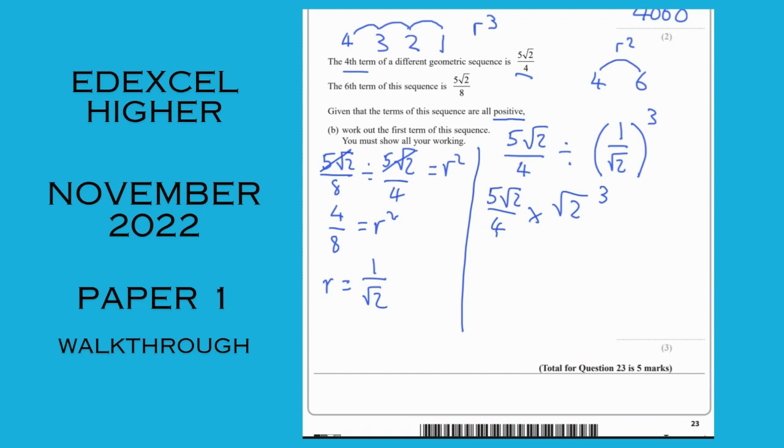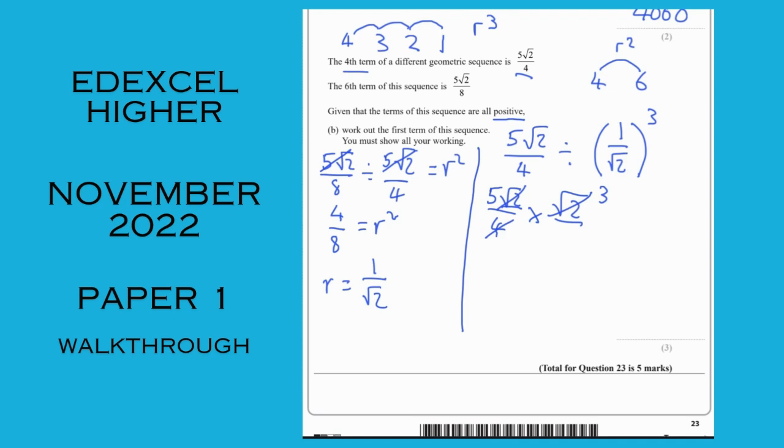So what we've got, the over one, let's ignore. We've actually got root 2 times root 2 times root 2 times root 2. In other words, root 2 to the power of 4. So if you were to work that out, root 2 times root 2 is 2, times root 2 times root 2 gives us 4. These cancel.